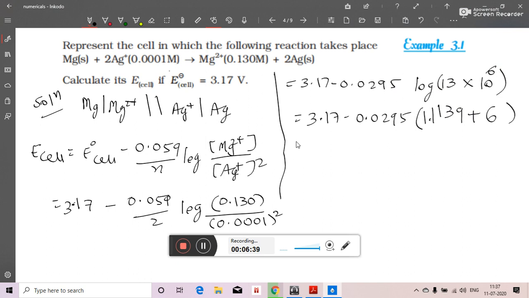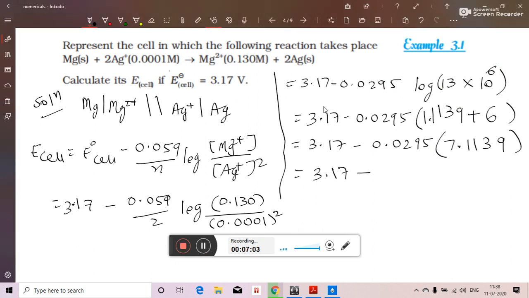That is equal to 3.17 minus 0.0295 into 7.1139. So that is equal to 3.17, now multiplication of these two is 0.2098.